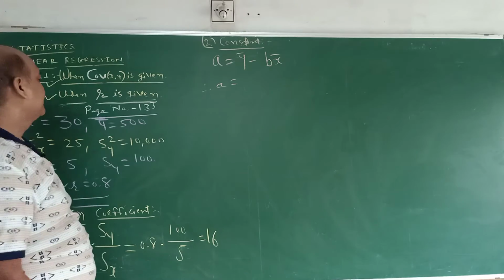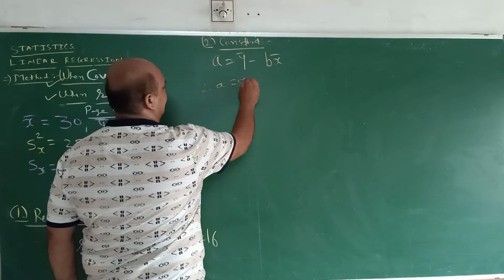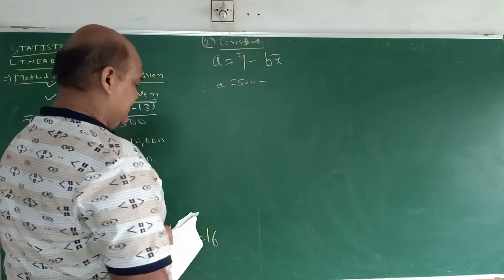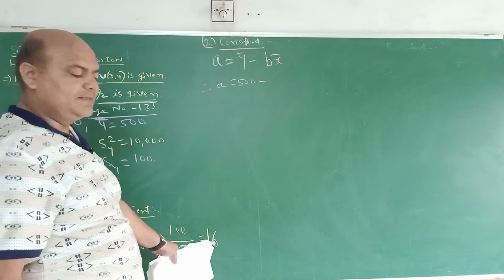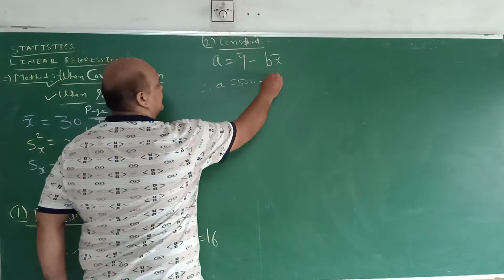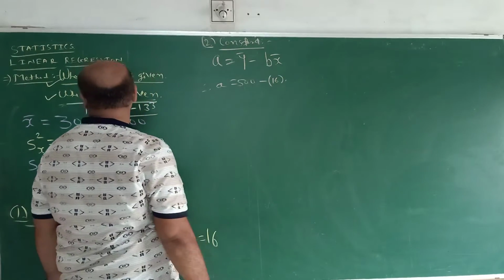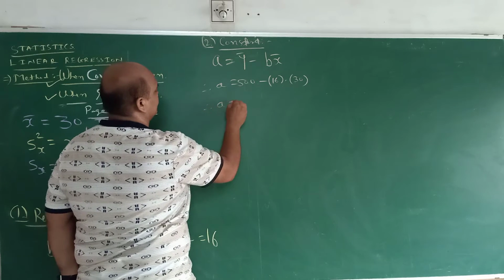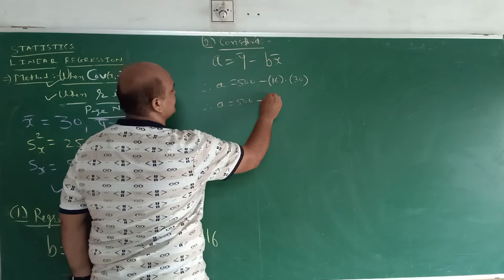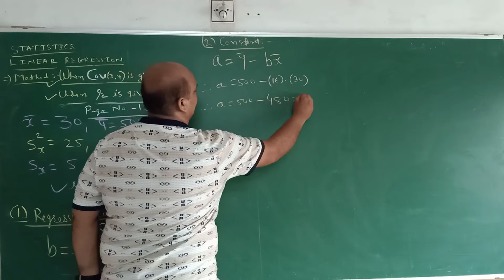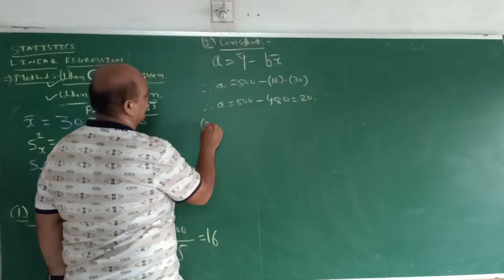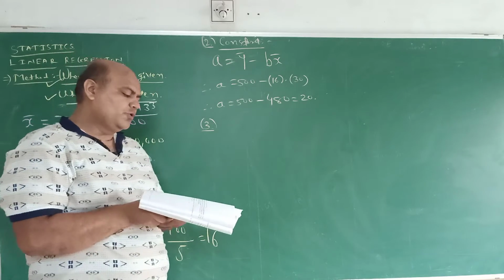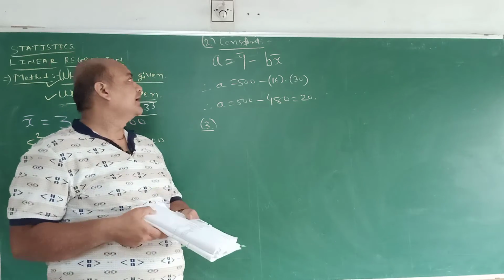Y bar is 500 minus b is 16, the answer we got for b, and x bar is 30. A is equal to 500 minus 480, that is 20. A is equal to 20, that is the constant.